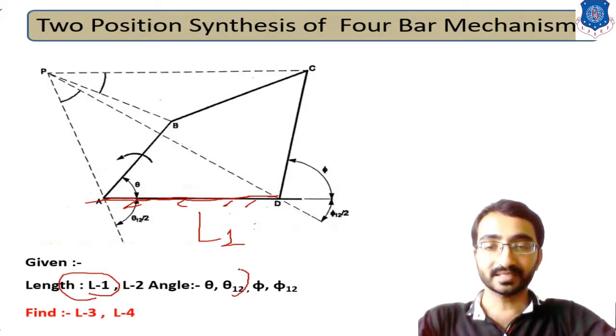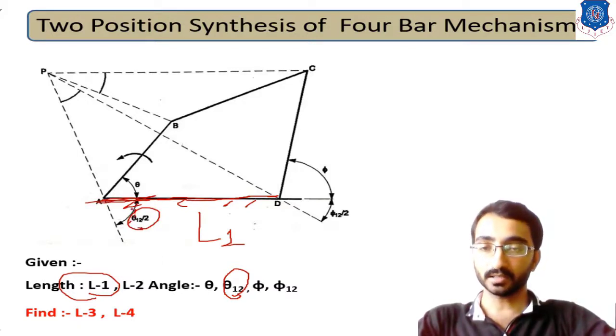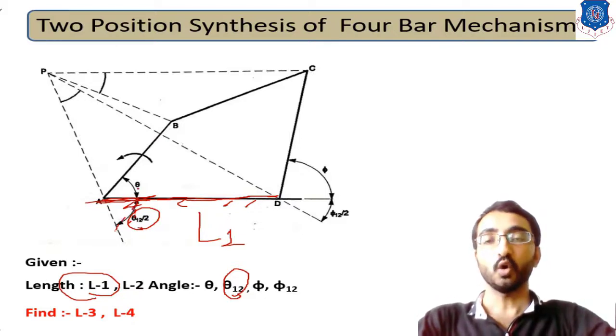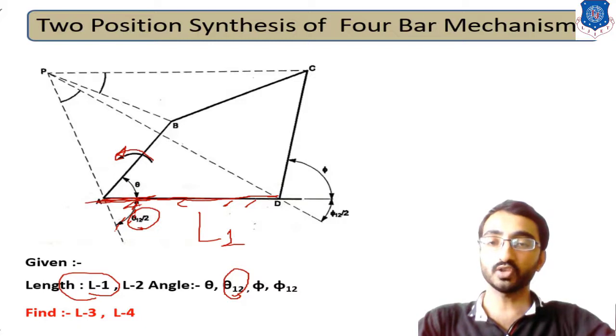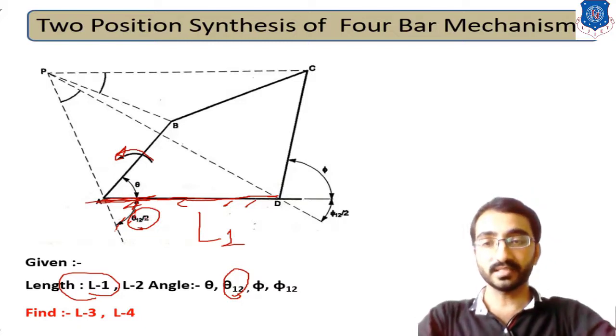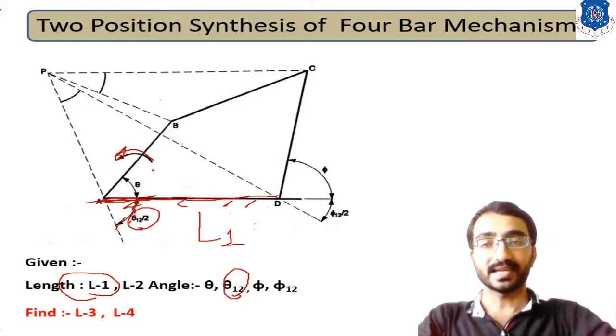Now take theta 12 by 2 angle, with this horizontal line as reference, in the clockwise direction. Here your input link is rotating anti-clockwise, that's why we consider it clockwise. If it is vice versa, then we have to consider theta 12 on the upper side.